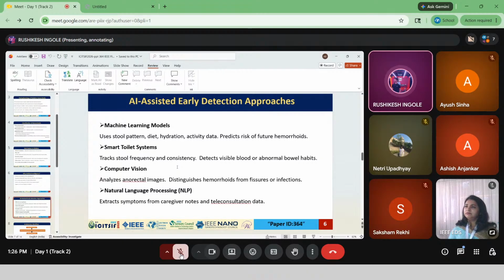Computer vision analyzes anorectal images and distinguishes hemorrhoids from fissures or infections. Natural language processing extracts symptoms from caregiver notes and teleconsultation data.